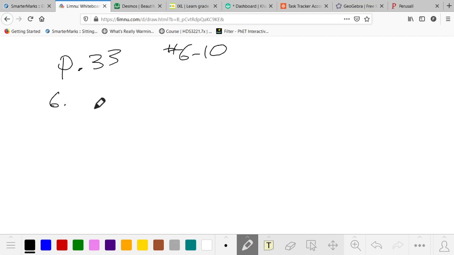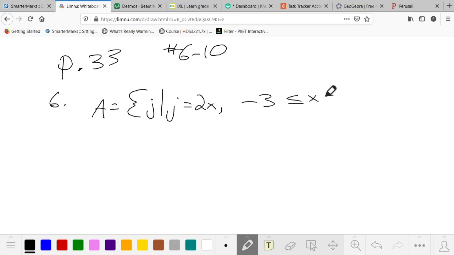So we have two sets. A is the set of all numbers j such that j equals 2x, where x is between -3 and 6, and it's a member of I, or Z is the actual notation you'll see after high school.